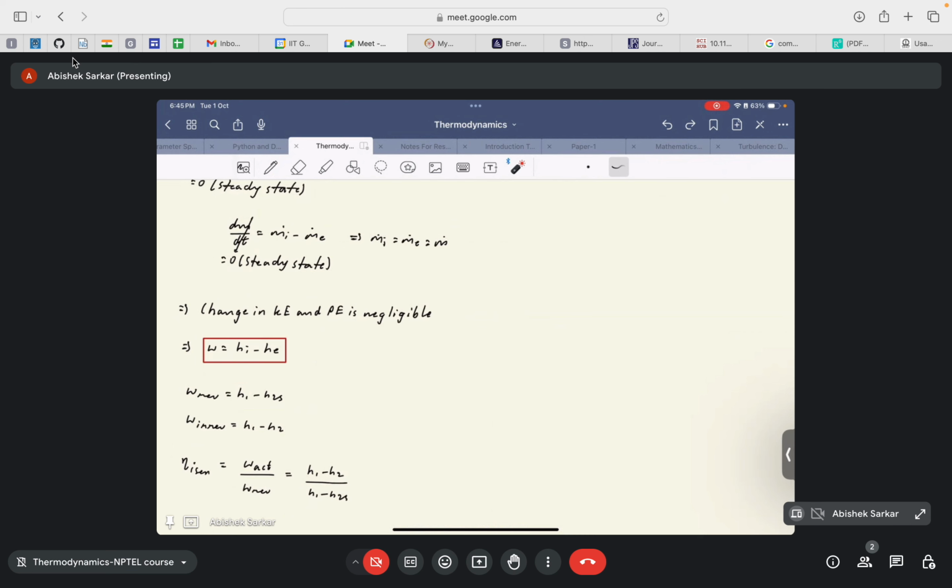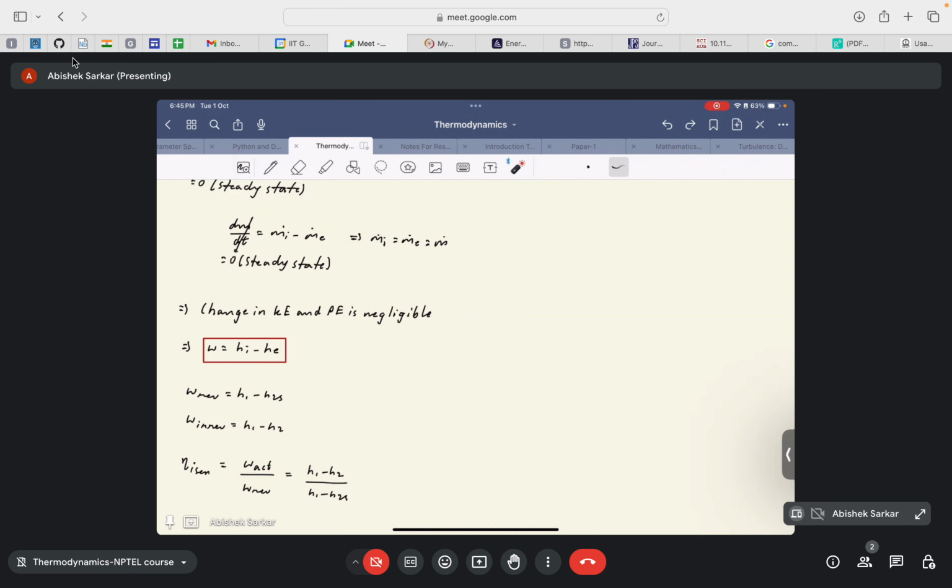Okay, because you will see why I am telling it to you in such a manner. In this case, the smaller work achieved is the actual work that is achieved from an irreversible case. So we will have that eta isentropic for a turbine would be W actual by W reversible, because the net work achieved in the actual case is lesser than the net work achieved during the reversible process.